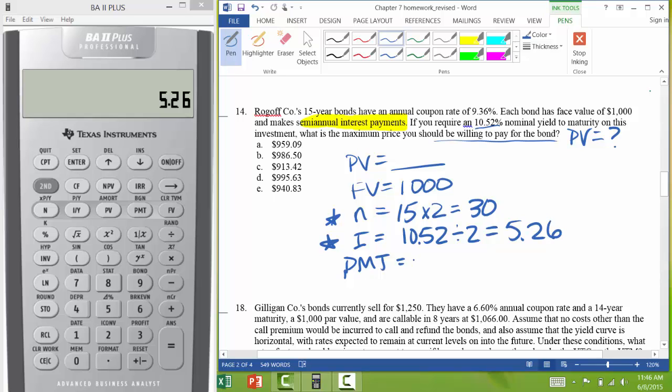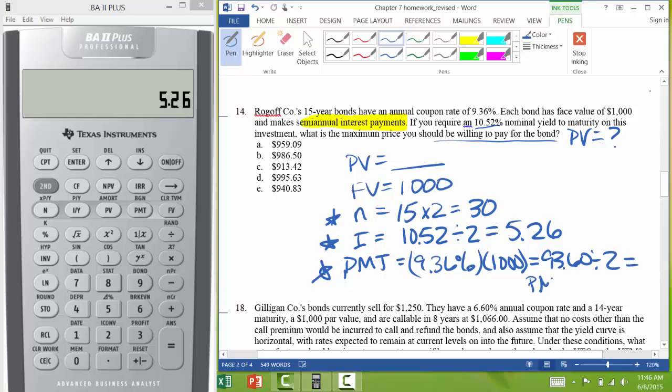And then the payment, it says an annual coupon rate of 9.36%. So 9.36% times $1,000 is equal to $93.60. But then we need to divide it by 2. So we also have to adjust the payment.